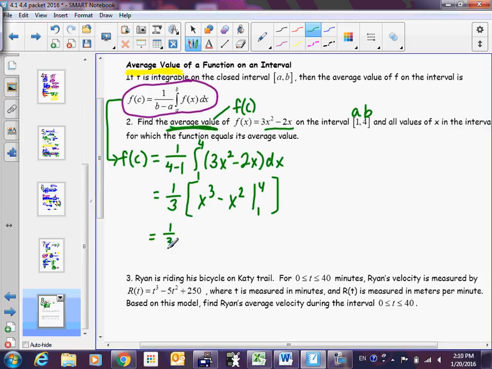Okay, so I have 1/3. You plug in your 4. Go ahead and try to finish this part on your own. If you need to look up at the board, please do so.